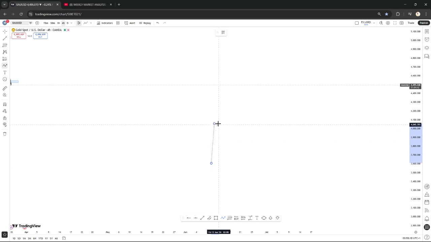The market begins from a low and a high. This will be a higher high. Why? Because this high is higher than this high, and it will do a higher low. Why? Because this low is higher than this low, and a higher high.